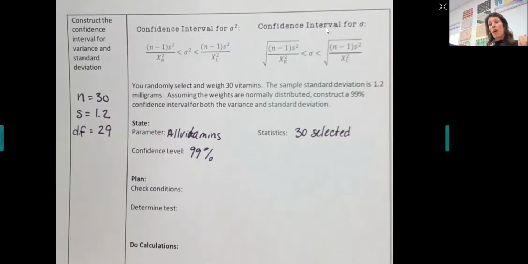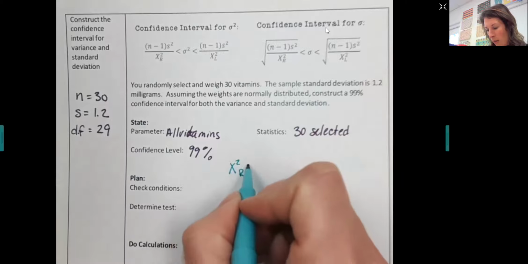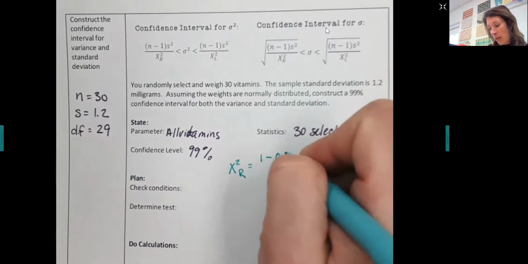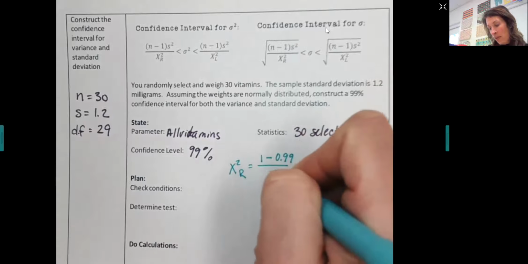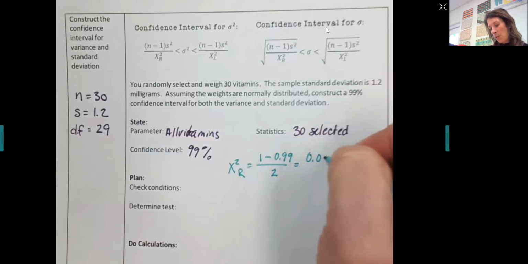So we're going to do that. We're going to put it into our equation from the previous side. So my x squared r is equal to 1 minus my confidence level, 0.99, divided by 2. And that gives me 0.005.